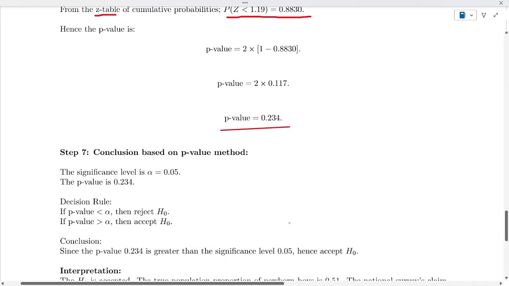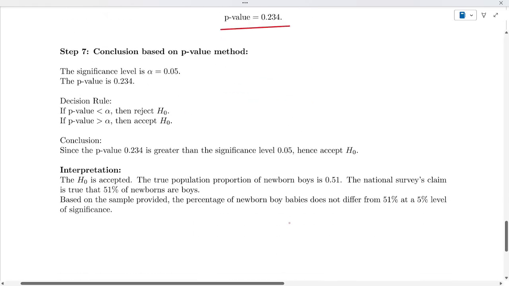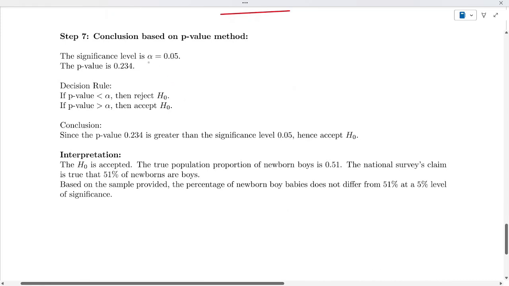Now we have to draw a conclusion based on the p-value. The significance level is alpha 0.05. The p-value we have calculated is 0.234. So what is the decision rule? For the critical value approach, we have a different rule. For the p-value method, we have a different rule.